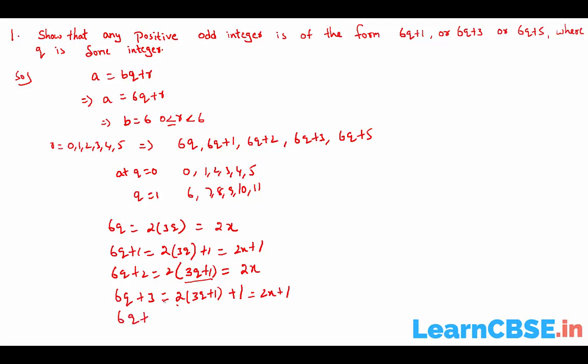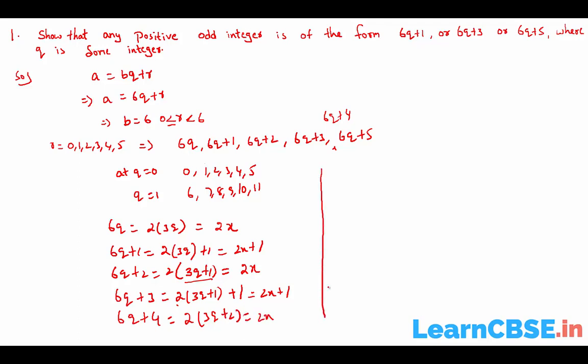Here we missed one thing, 6q plus 4 also. That is 2 into 3q plus 2, again in the form of 2 into x.